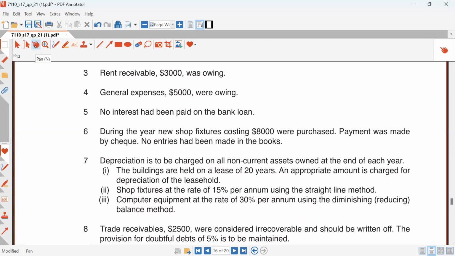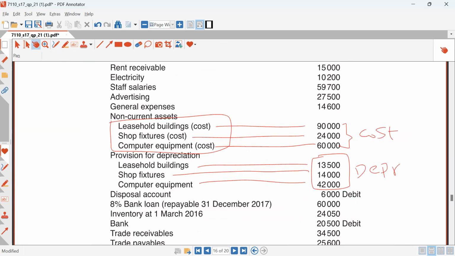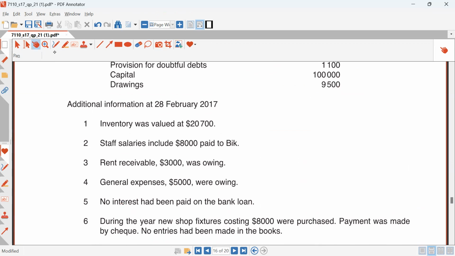So to calculate the current year's depreciation for building, the cost is going to be divided by 20. 90,000 divided by 20. Because the formula is simple: cost minus scrap value divided by useful life.